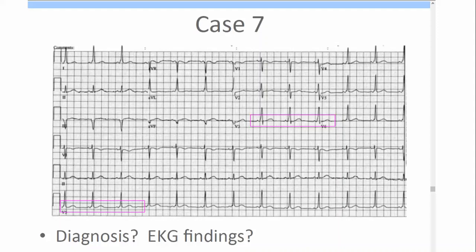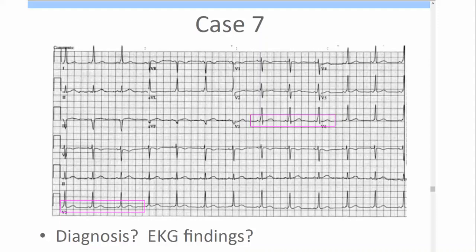So there's sort of one P for every QRS, but as we said back in Part 1, a normal PR interval should be shorter than 0.2. Anything longer, we would call that a first degree AV block. But it also should be at least 3 little boxes, okay? We call that 0.12.